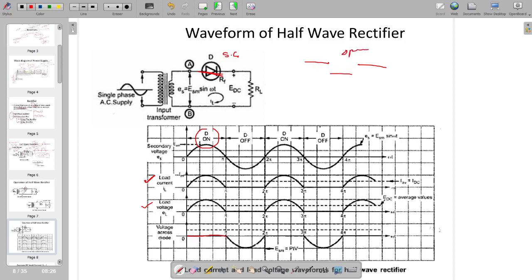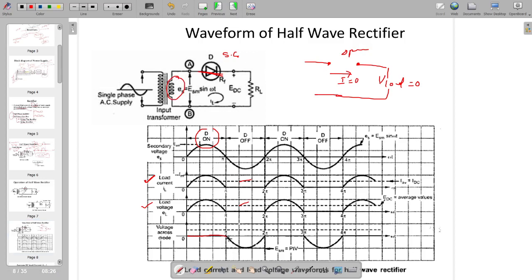So there is no current flow. Current is 0, which means there is no voltage across the load. Load voltage is equal to 0. We can clearly observe that the load voltage and load current are 0, whereas whatever voltage is applied at the secondary of the transformer appears across the diode.